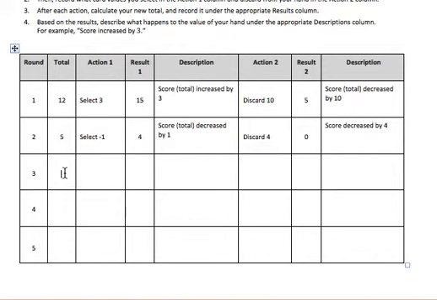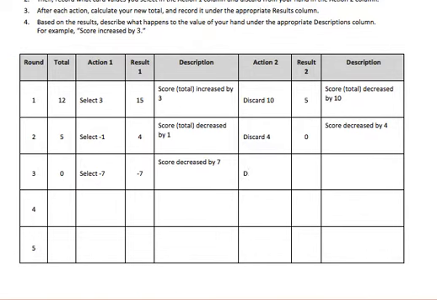Moving on to round 3, our total again, which is repeated from the result in our last round, was 0. If we then selected or picked up a -7, the result would be that our total would be -7. 0 plus -7 is -7. And our score actually decreased by 7 because we were working with a negative number.